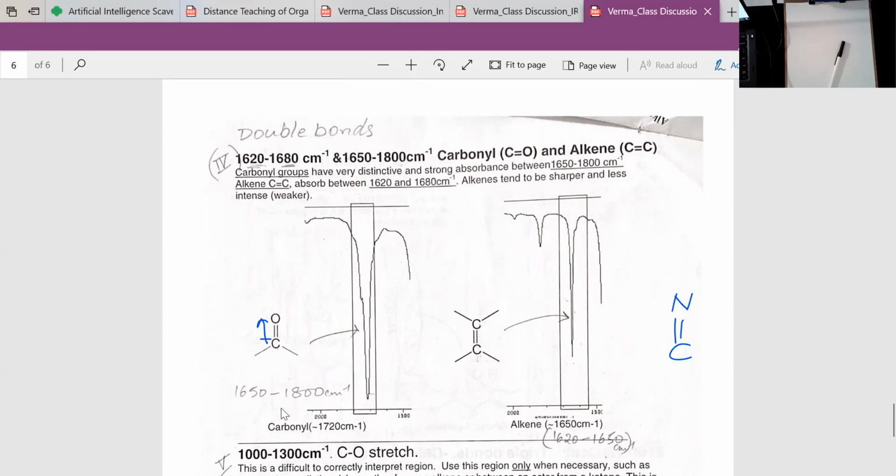Depending on what other molecule part this carbonyl carbon group is attached to, this peak will shift between 1650 and 1800. On the other hand, the C double bond C will usually stay between 1620 and 1650.